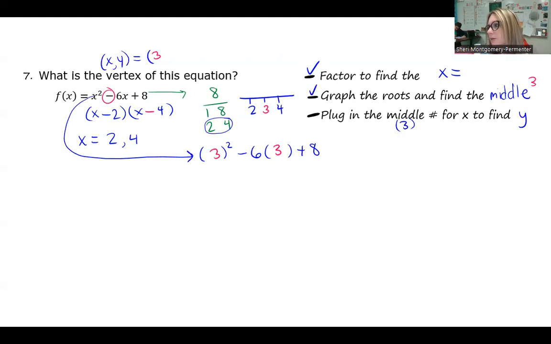To evaluate this, we got to go step by step because we've got those simple function calculators. So the first part, what is 3 times 3? 9. What is 6 times 3? 18. So I get 9 minus 18 plus 8. What do I get?